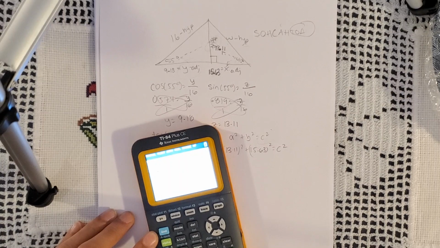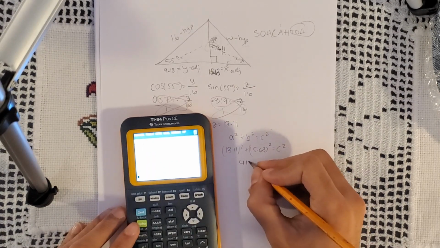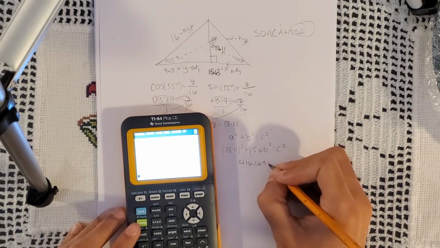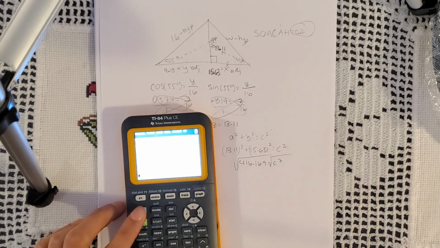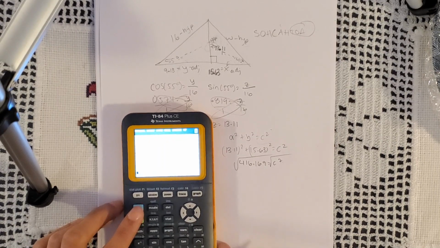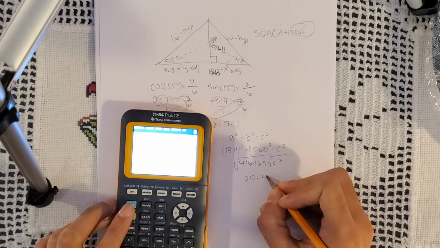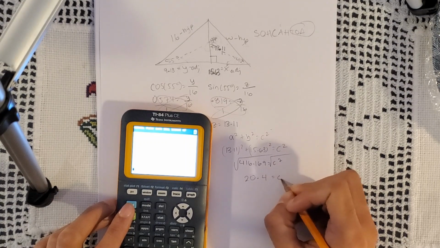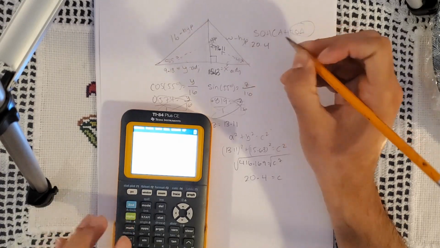And I get that this side combined is 416.169 equals c squared. I want to get rid of the square, so I take the square root of both sides. Square root of 416.169, and I get that the answer of 20.4 equals c. Okay, that's my hypotenuse, 20.4.